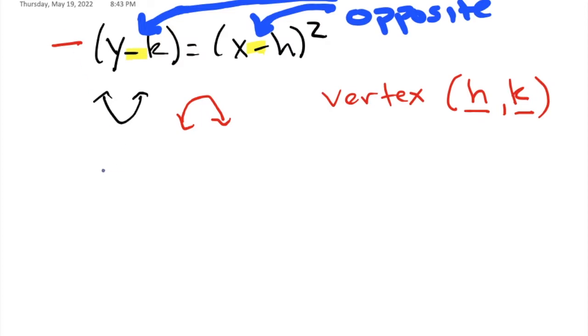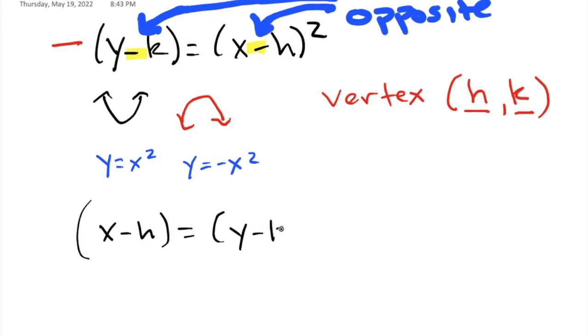So oftentimes we'll see this as y = x² or y = -x². And we don't want to forget there is a parabola that has y squared. It would be (x - h) = (y - k)². So when we have a graph like this, it's going to be rotated to the right and facing to the right.